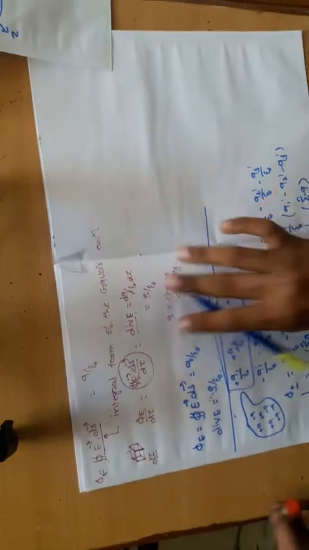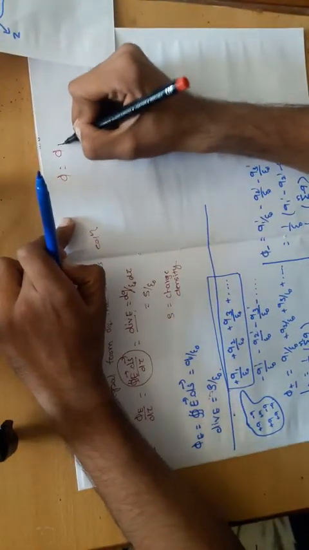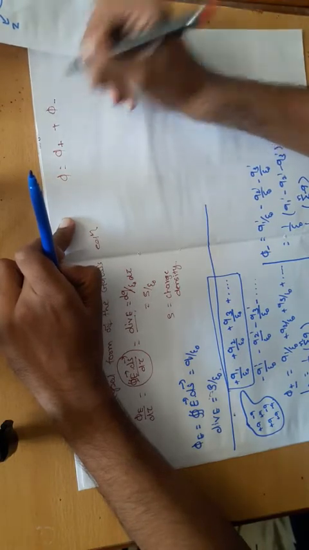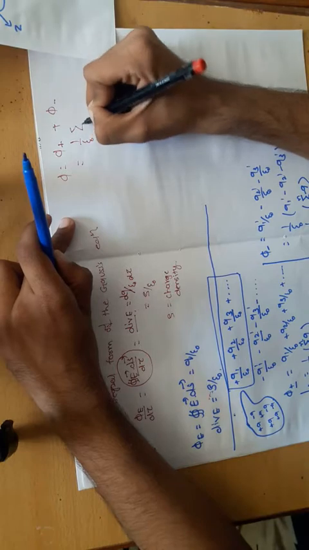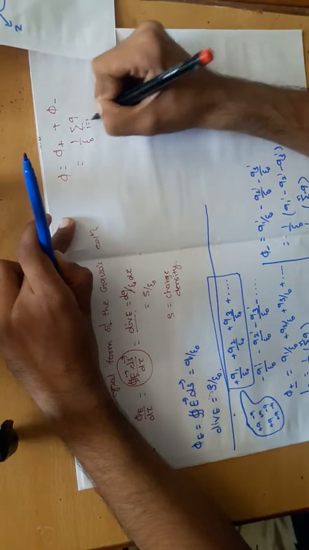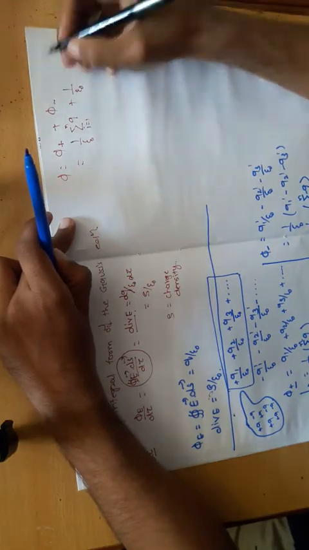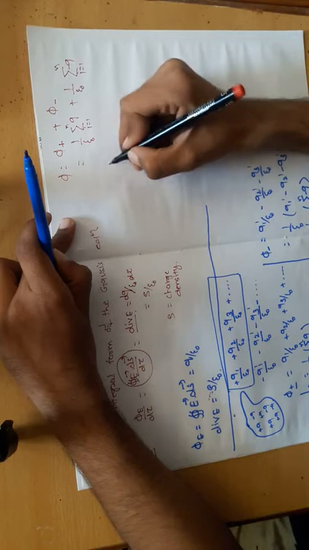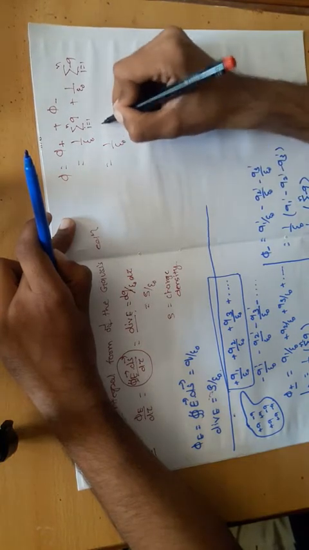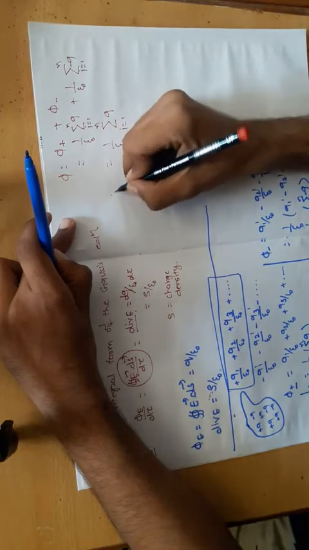So what will be the final total flux? That will be flux from positive plus flux from negative. That is 1 upon epsilon naught times the summation of Qi, i equal to 1 to N, plus 1 upon epsilon naught times the negative charges, i equal to 1 to N. It means 1 upon epsilon naught times the total charge.